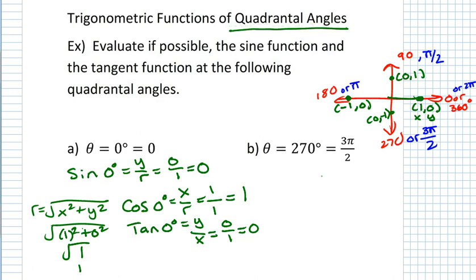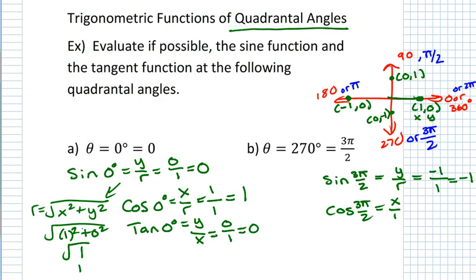For 270 degrees, if I wanted to find the sine of 270, or 3 pi over 2 in radians, well, remember sine is y over r. So I'd go negative 1 over, and remember it's still going to be 1 for r, so it's negative 1. Cosine of 3 pi over 2 would give me x over r, which gives me 0 over 1, which is 0.